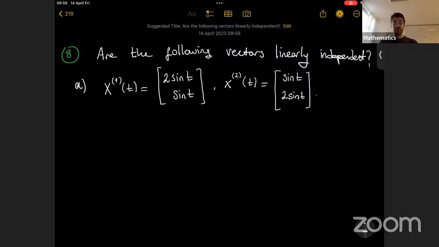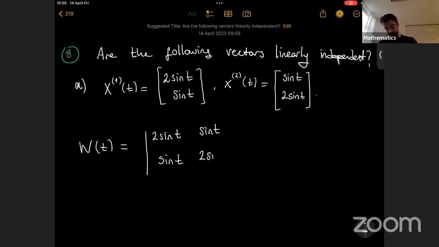Well, we check the Wronskian of this. The Wronskian will be 2 sine t, 2 sine t, and this is nothing but 3 sine square t. And remember, if the Wronskian is not zero even at one point, then you say these are linearly independent.